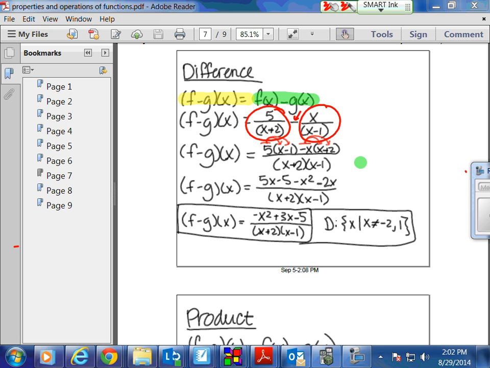Now, the same steps were taken as the other one. In order to manipulate this equation, we must make a common denominator. So the only thing not shown here is this step of the notes, which shows this. We'll have 5 over x plus 2.